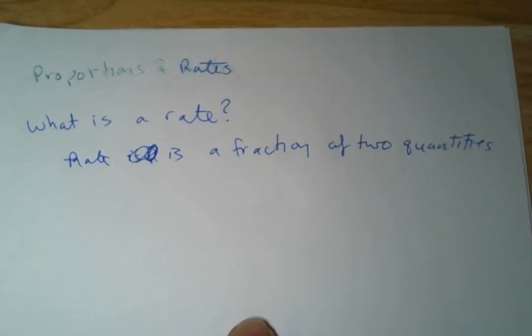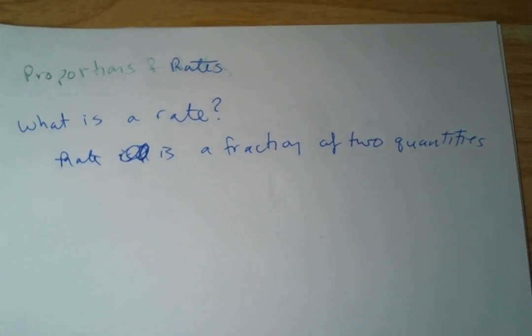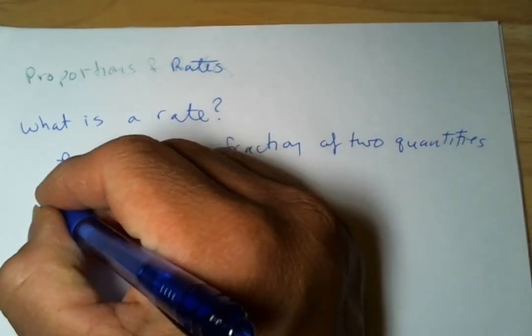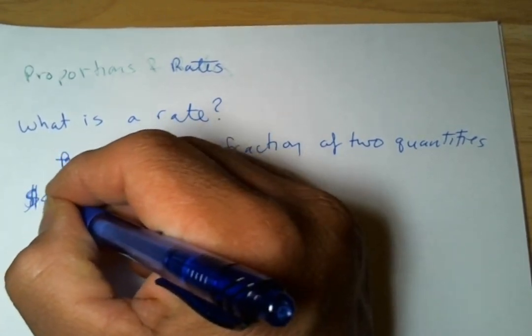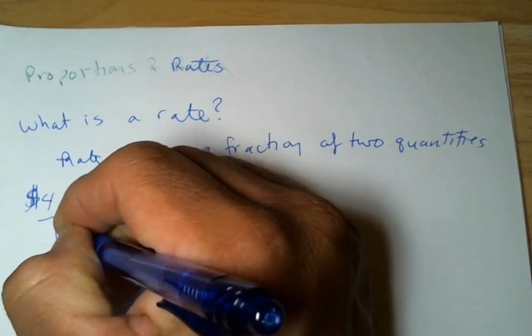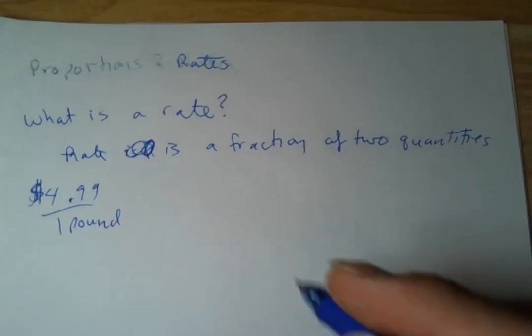Okay, so that is very much all it is, right? So if you're comparing two quantities, a lot of times we're used to encountering rates that deal with money, right? So for instance, something is $4.99 per 1 pound. All right, so that's an example of a rate.